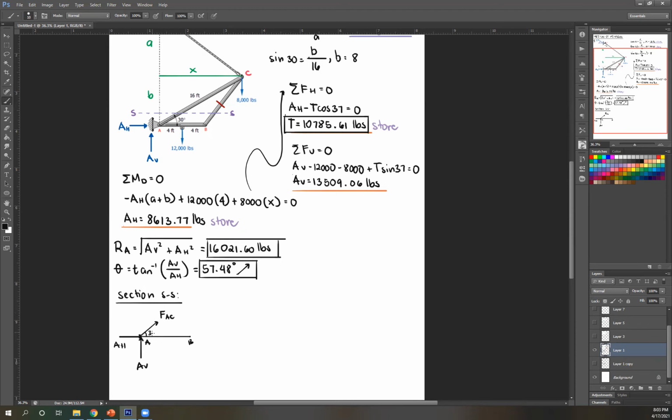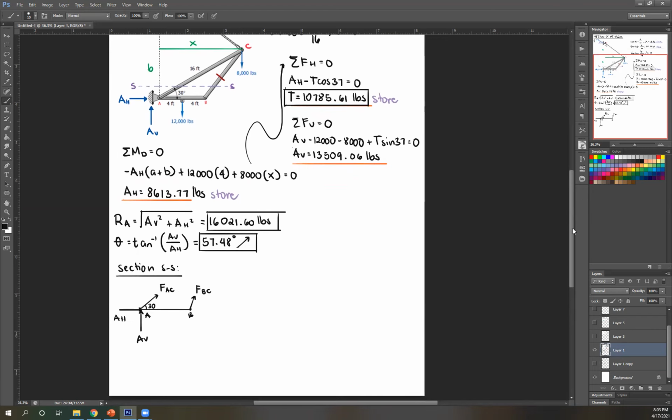And then this is 30 degrees. What else do we have? We have this. Okay? And this is your force BC. Remember, for me, I just like to assume all of my forces are in tension for method of section. Okay, but again, you can use your educated guesses to figure out their actual direction. Okay, so our goal is to get FBC.